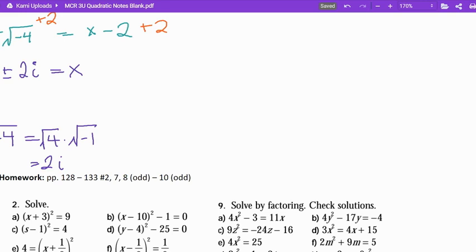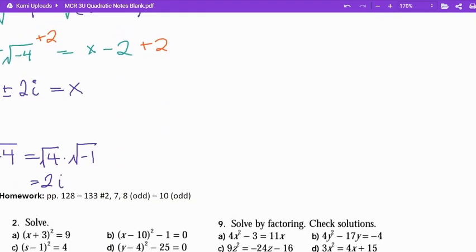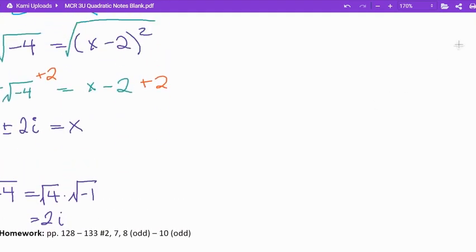Do you see why that plus or minus is helpful? That's right, we need 2 zeros. So therefore, the zeros are, and now we're going to write them as a point.